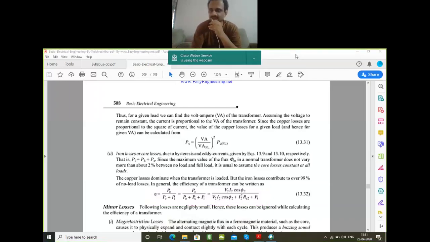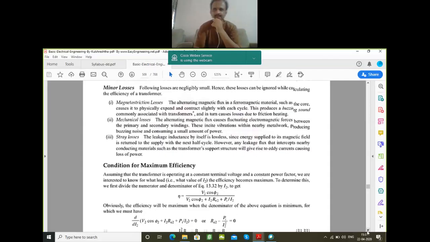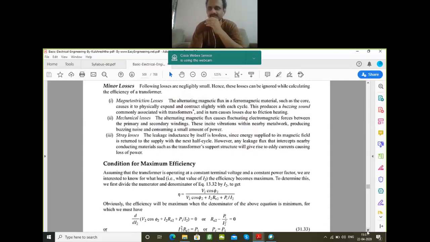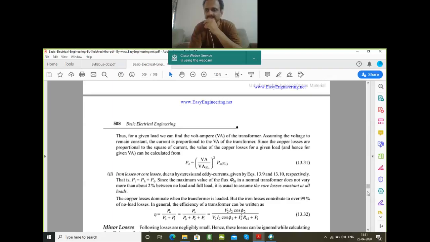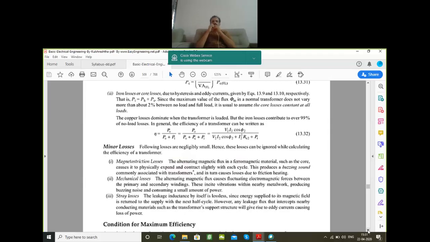There are some other losses that occur in the transformer. What are those other losses? That we will see. Some of the other losses that occur in the transformer are listed below, and I'll just make a mention of them. First one is magnetostriction loss. What is this magnetostriction loss?